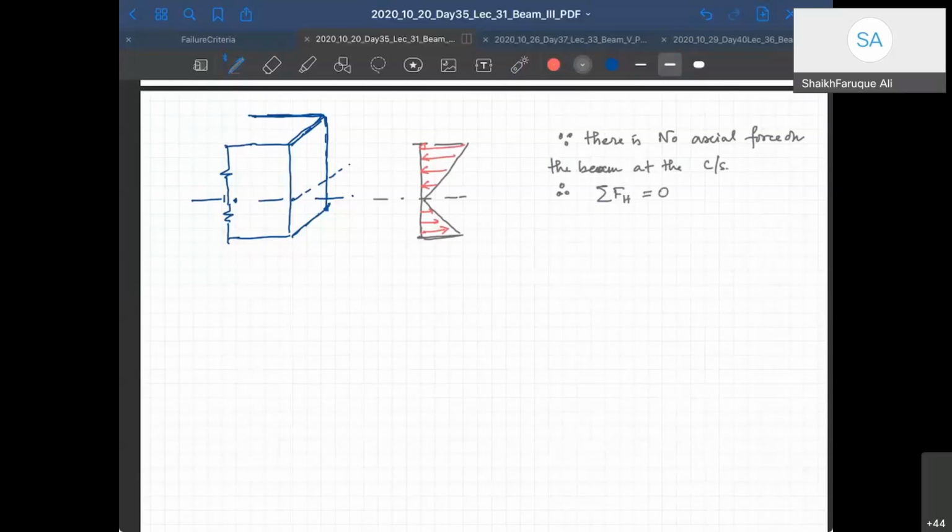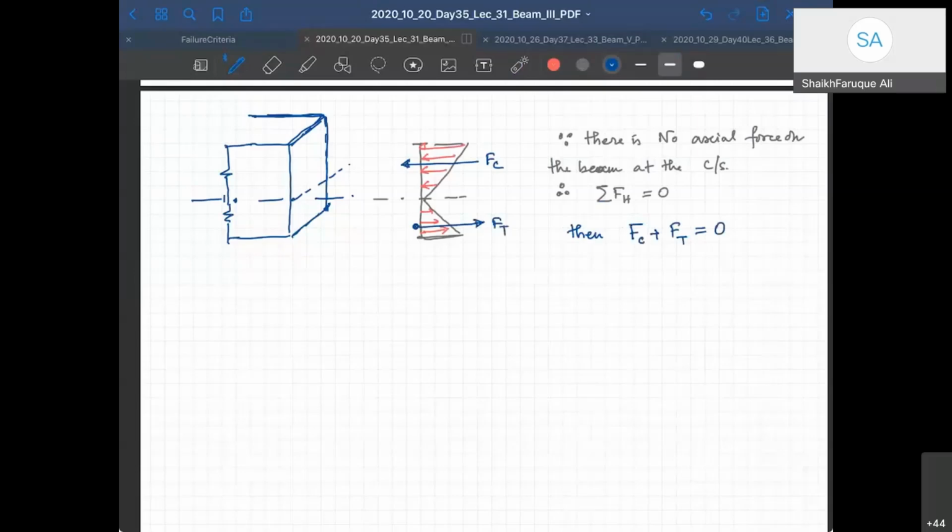We said that if you calculate all the loads here and they act through L by 3, that is called FC, and if you calculate all the loads below, that is called FT. Then FC plus FT is going to be equal to 0. You calculate FC above the neutral axis and FT below the neutral axis. The summation of all the forces about the neutral axis is going to be equal to 0.